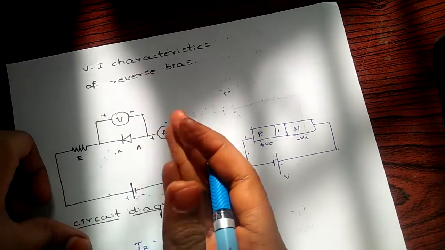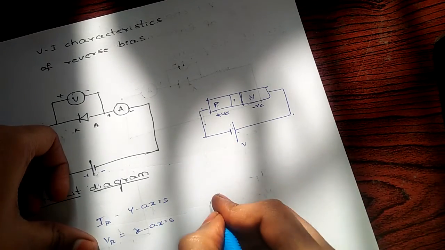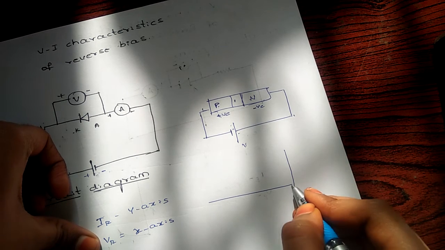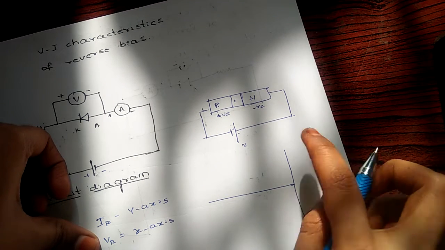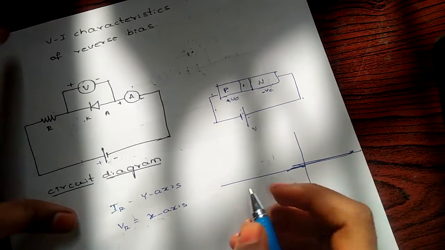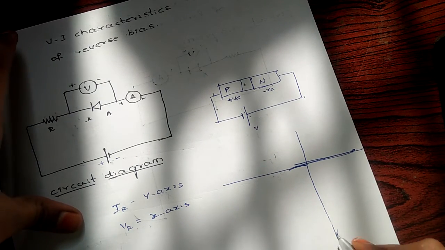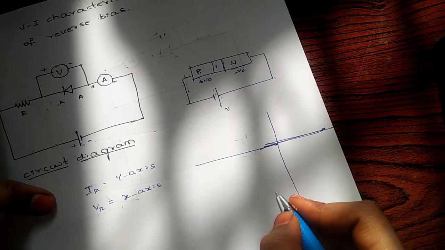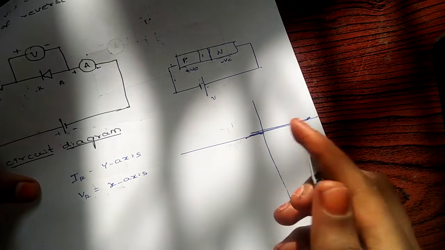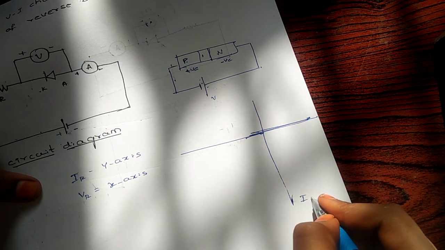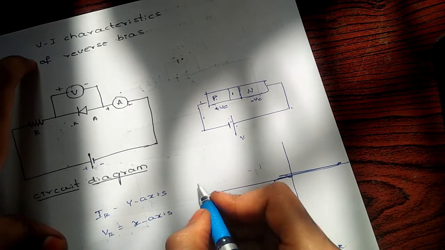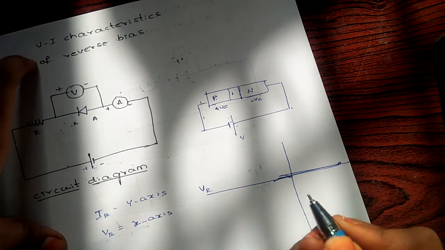As they are both in reverse, we take the third quadrant of the graph. So I told you, on the y axis we take IR, right, and here it is VR.